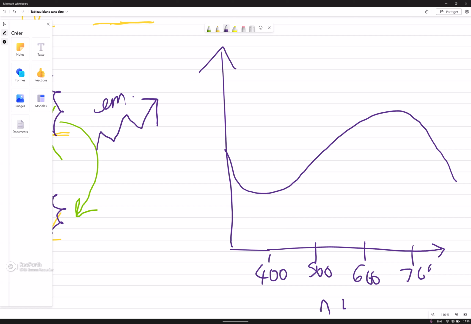What we have to note is that each of these wavelengths corresponds to a different range of light. So let's say around 400 is violet, around 500 is a greenish light, around 600 is yellow, and around 700 is red.